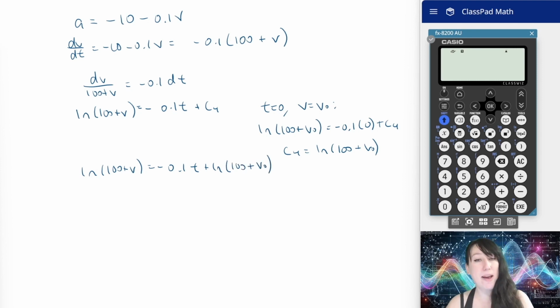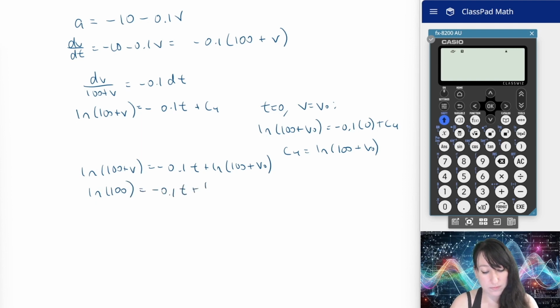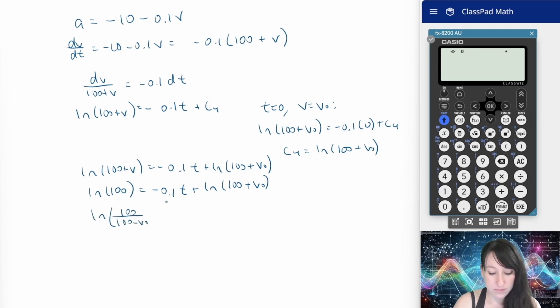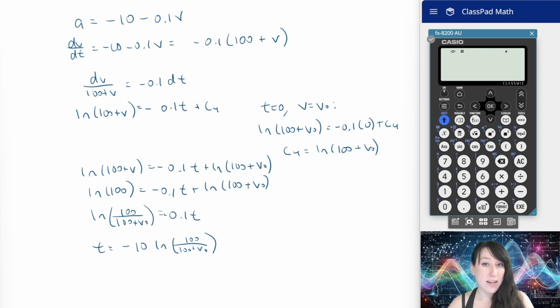Now again, max height occurs when the velocity in the upward journey is 0. So when v is 0, we can solve for t. I can absorb that negative into the log so it looks a little nicer.